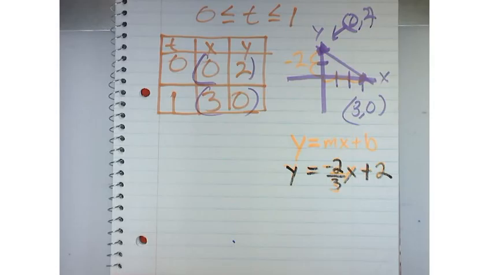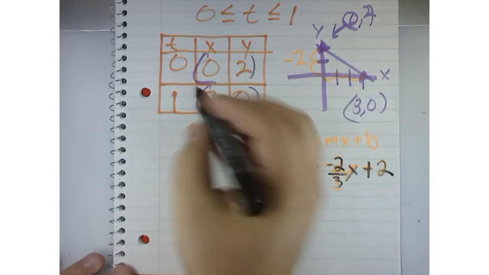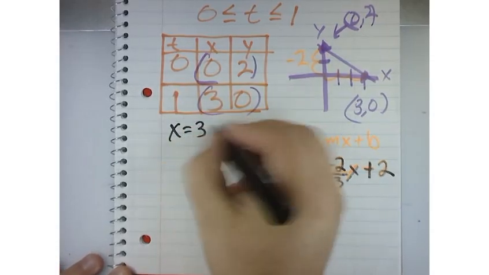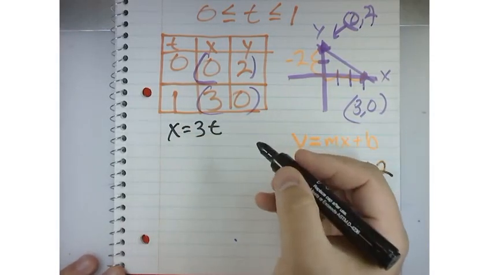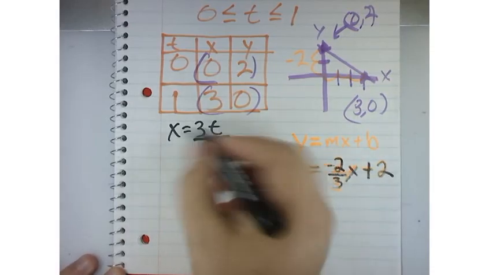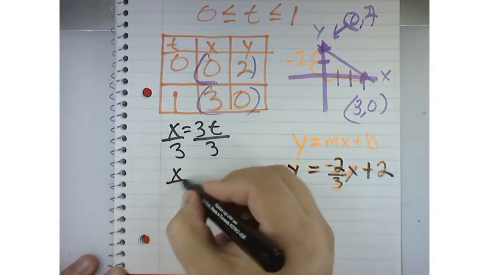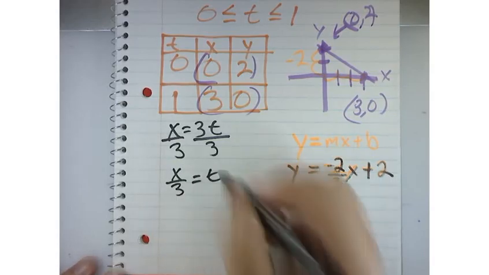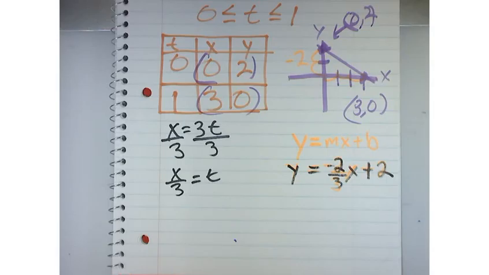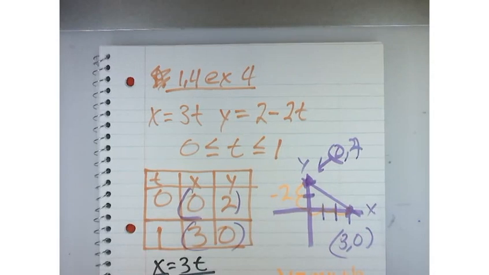So now how do I verify that using the parametric equation? Well, the easy way to do it is to take the equation x equals 3t and solve for t. If I divide both sides by 3, I get x over 3 equals t. So then I go back to my original equations: x equals 3t, y equals 2 minus 2t.